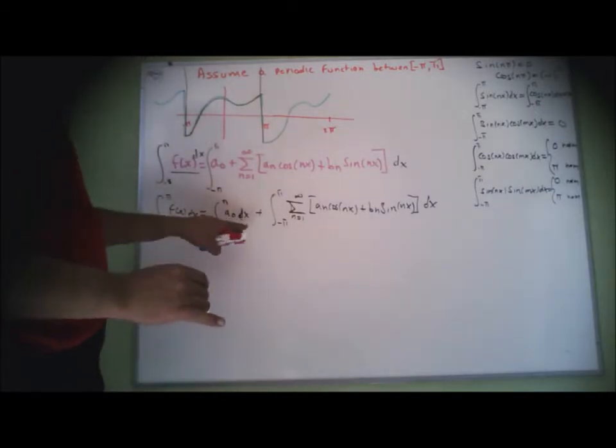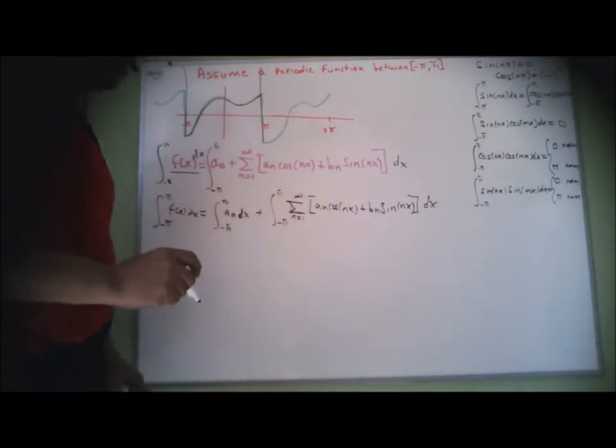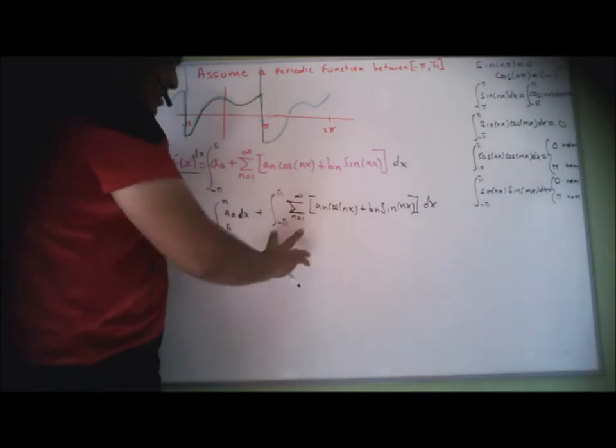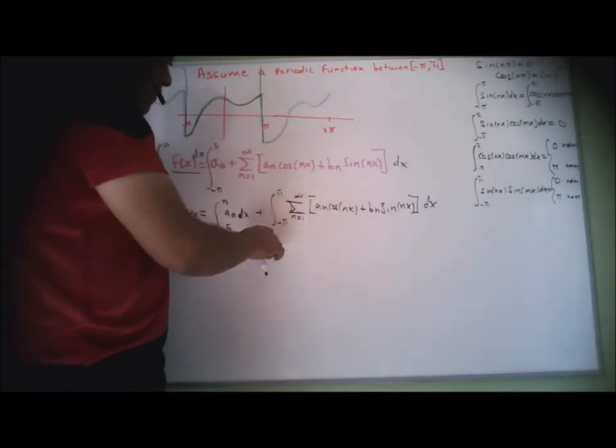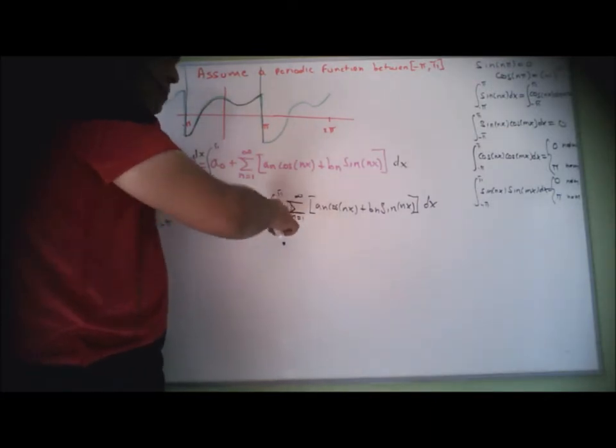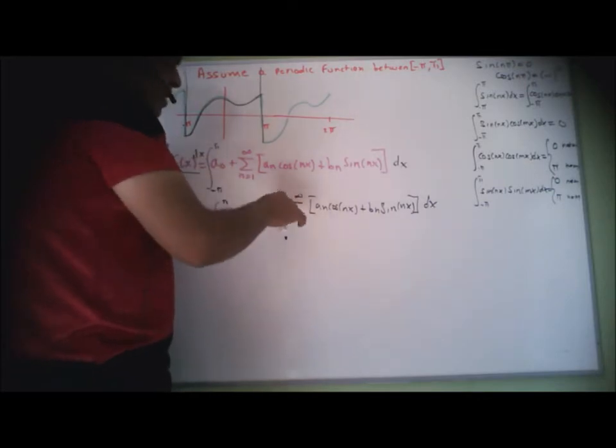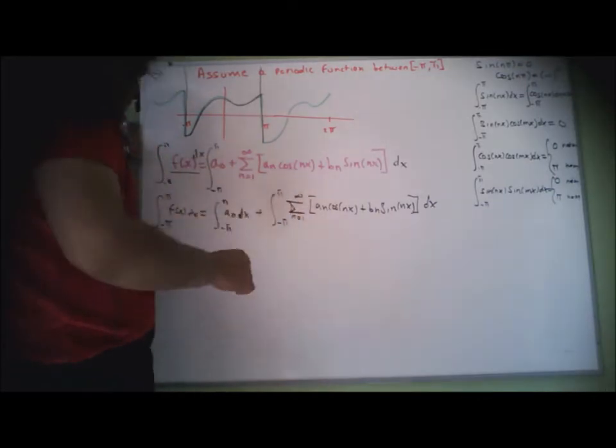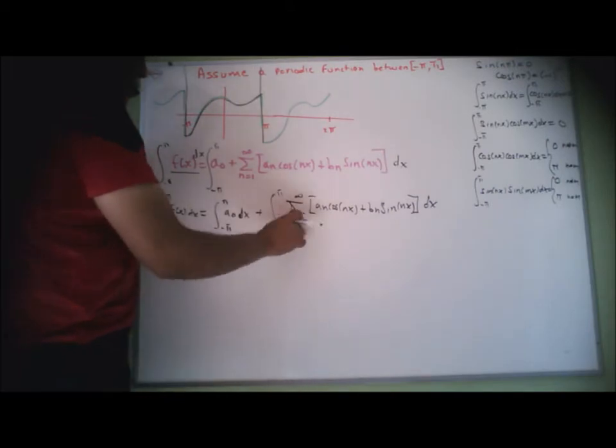This one doesn't have a problem, but here we have a problem. What we are going to change is to apply first the integral and then the summation, whereas here it is first the summation and then the integral. So we are going to switch this.